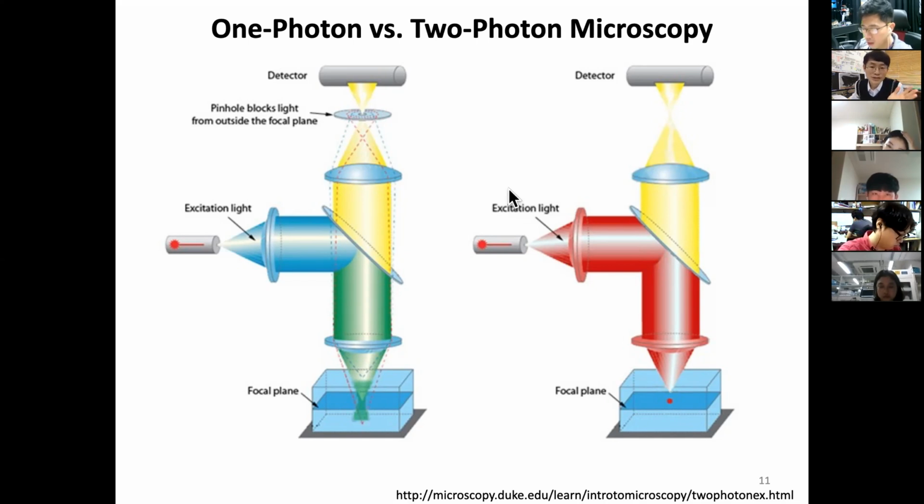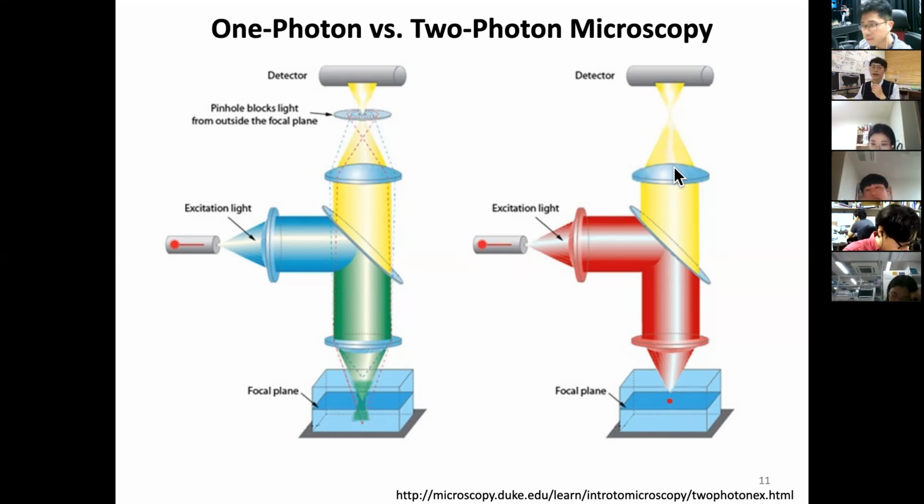This is a big difference, and when you design and build a two-photon microscope, you cannot use the same dichroic mirror, because now you are shining a longer wavelength than the shorter wavelength fluorescence. So this dichroic must have flipped somehow, because it has to reflect longer wavelengths and transmit shorter wavelengths. So you need a specific, different dichroic mirror for a two-photon microscope.